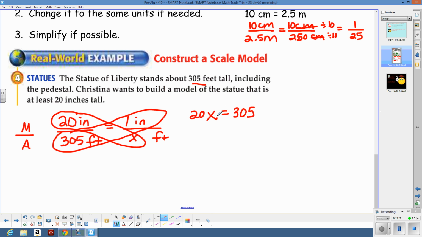Now you divide both sides by 20. 305 divided by 20 is 15 and 25 hundredths.